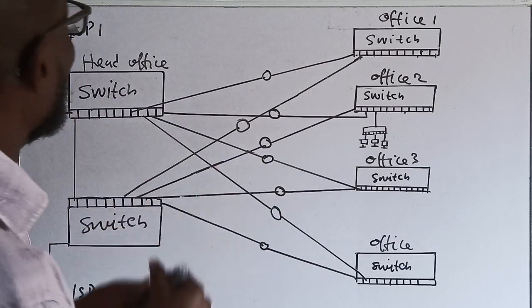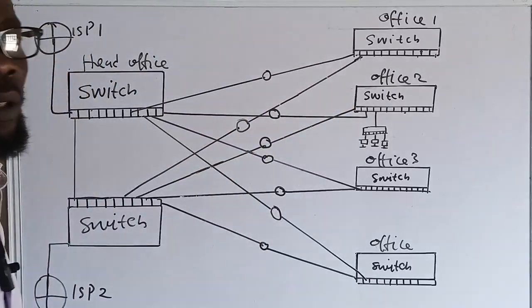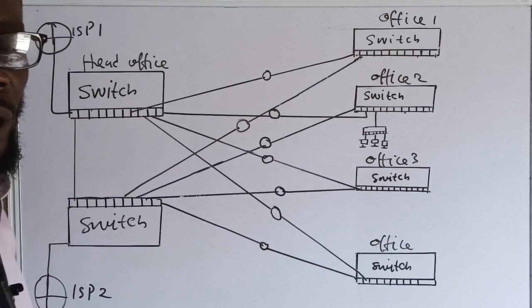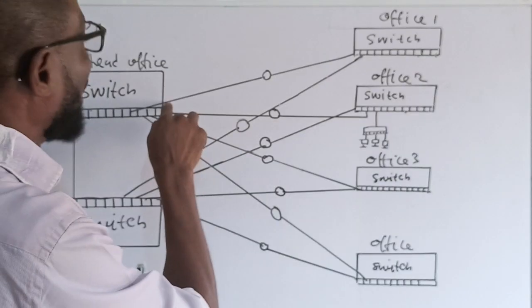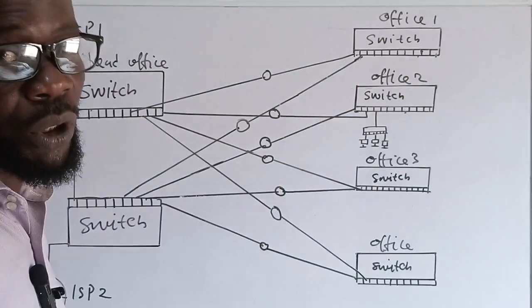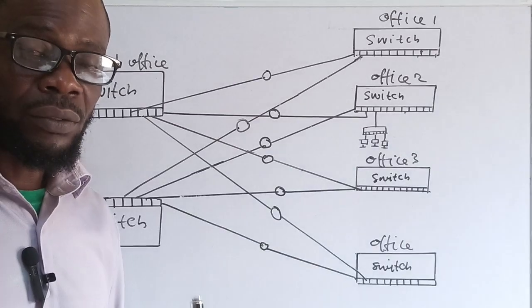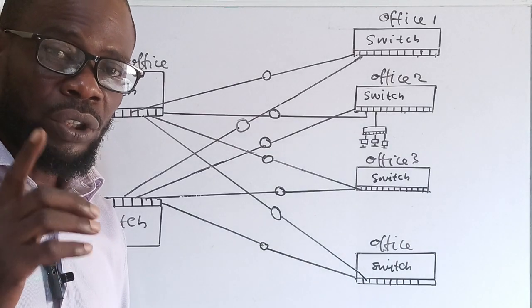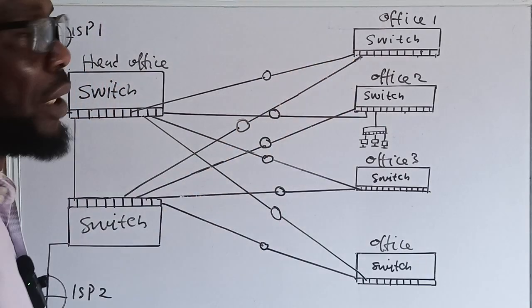So in this type of network, you must use a point-to-point addressing scheme. You don't need to waste IP addresses. From here, one IP address, and from here, one IP address, which means you need to design a subnetting scheme where each subnet has two IP addresses for these links.